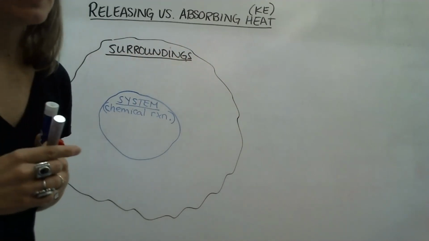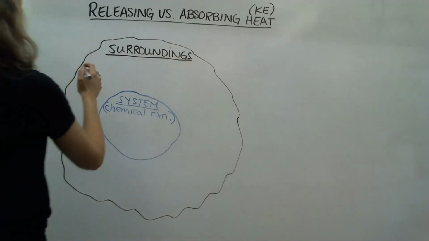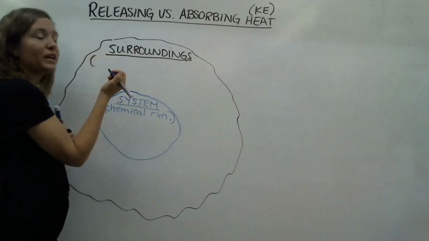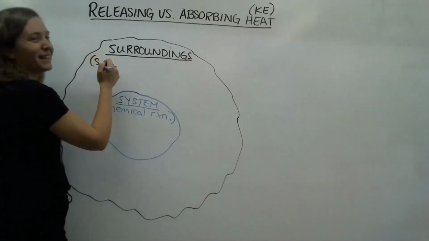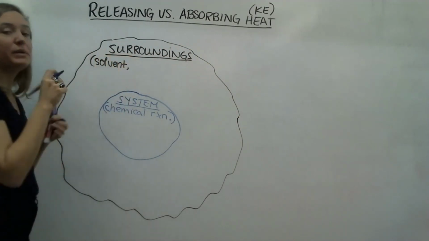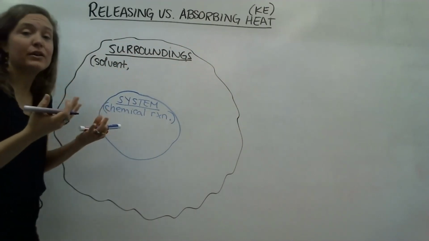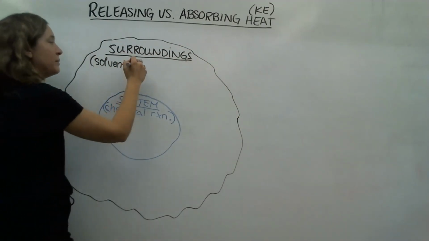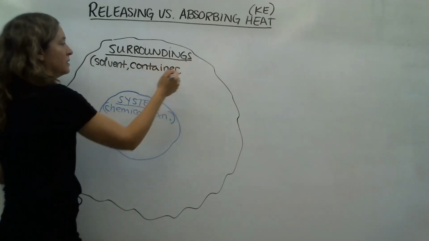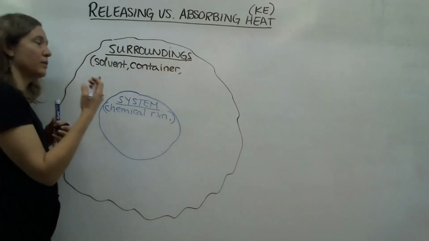The surroundings can be the solvent that the chemical reaction is taking place in. It can be the air. Or it can be the container that the chemical reaction is taking place in. It can be the air around the container.